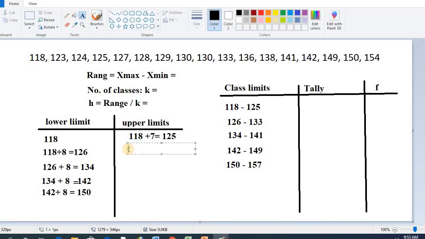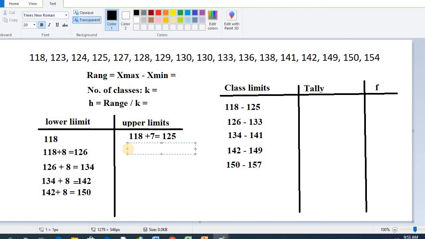In the next class, the lower limit is 126 plus h minus 1, 7, is equal to 133. Similarly, the lower limit 134 plus h minus 1, 7, is equal to 141.